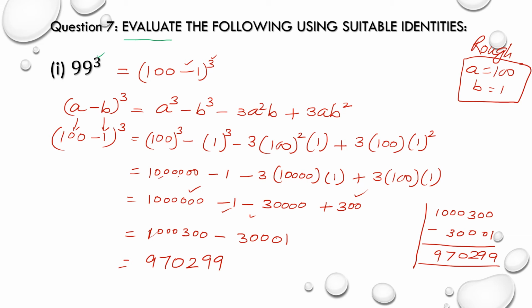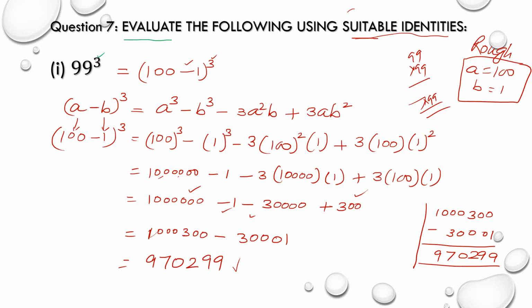Since in the question they have written evaluate using suitable identity, that is why we have written 99 whole cube as 100 minus 1. Instead of writing 99 3 times, instead of writing 99 into 99 and whatever the answer we get, again on multiplying by 99 we will get the same answer, but in the question they have written using suitable identity, so that is why we have written 99 as 100 minus 1.